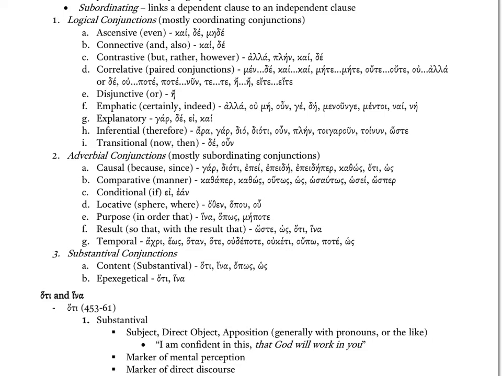And then the third category is a smaller category, but it's what we call substantival conjunctions. Substantival conjunctions will do things like give you the content of a thought, so that's a substantive, or they will create a subject or an object, so that will be a substance in itself.